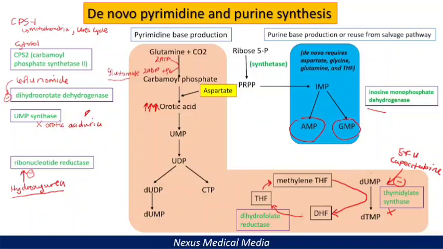Right, another enzyme that is targeted by a very important drug is dihydrofolate reductase. It is inhibited by drugs like methotrexate. What else? The next drug is called trimethoprim, and the next is called pyrimethamine.